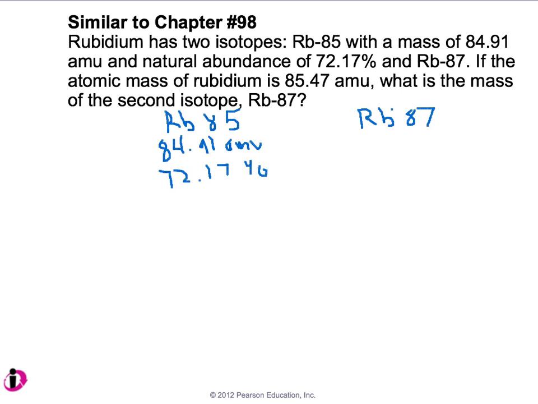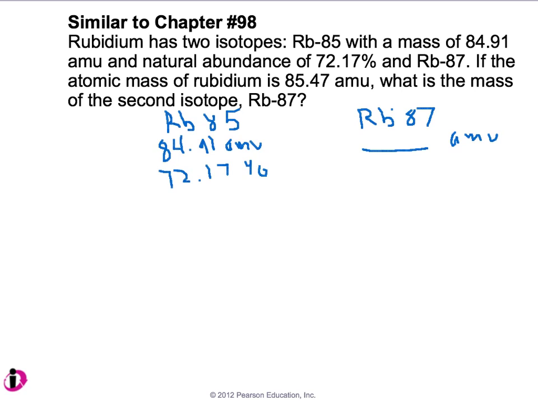So we're going to have to figure out a little bit about this new isotope. Just like I showed you in class, the first thing you want to do is, for this rubidium-87, before we can find its mass, I know that's what we're looking for, but before we can find it, we need to know the percent of it that's in nature.